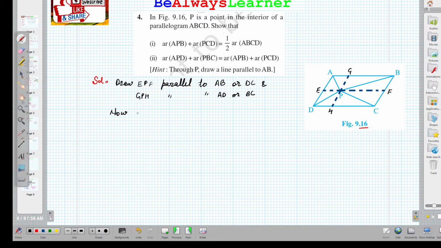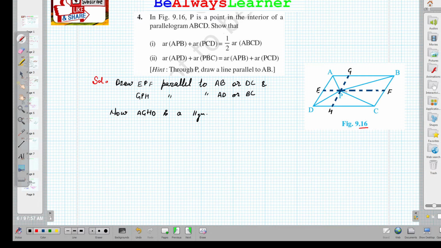Now we can state कि हमारे पास जो अब बिल्डअप हुई एक क्वाड्रिलेटरल AGHD, this one is a parallelogram, right? Why is it a parallelogram?